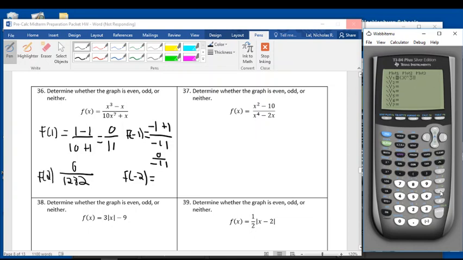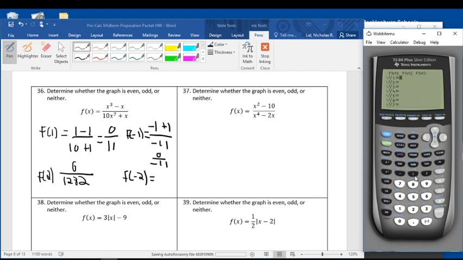So we'll do 2 parentheses: x cubed minus x, divided by 10 x to the 7th plus x.